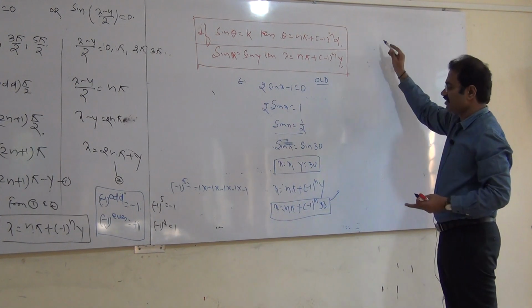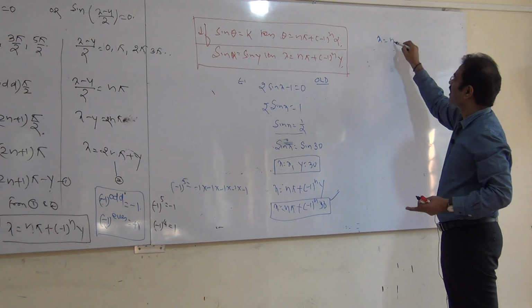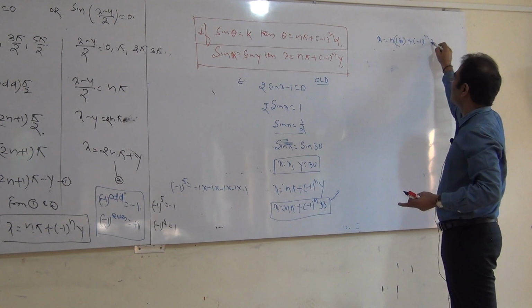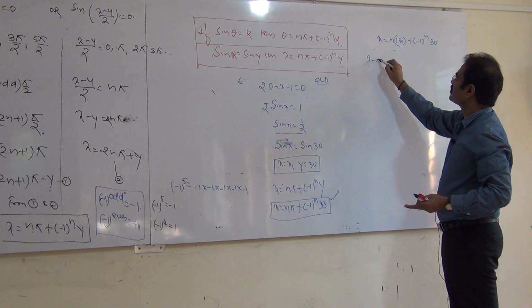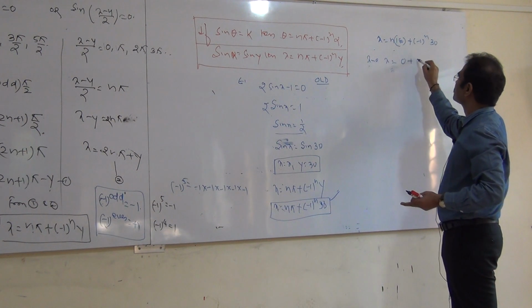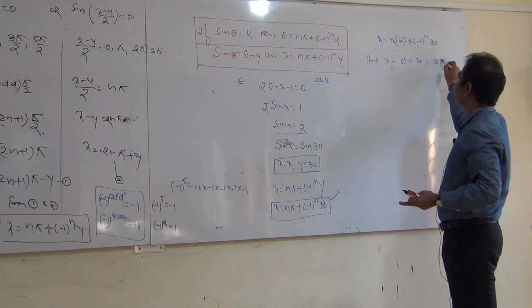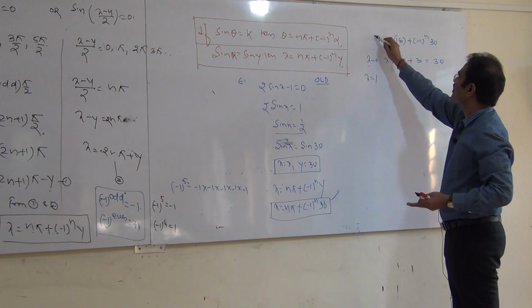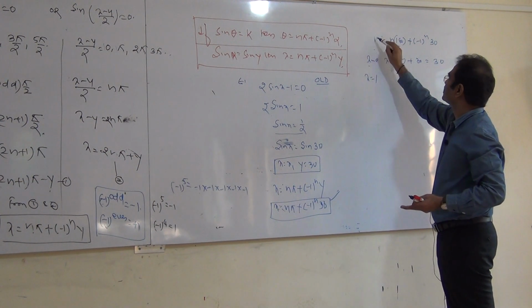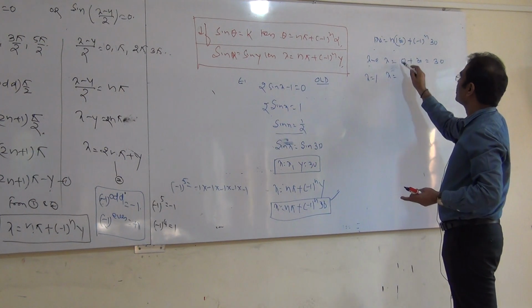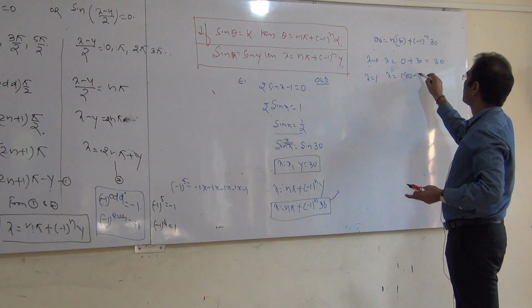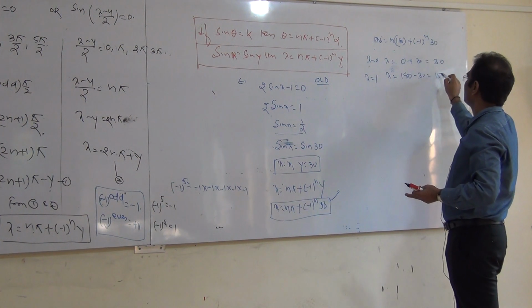What is our equation? x is equal to n into 180 plus of minus 1 raised to n 30. For n equal to 0, x is equal to 0 plus 30, the answer is 30. When n is equal to 1, x is equal to 180 minus 30, that is 150.